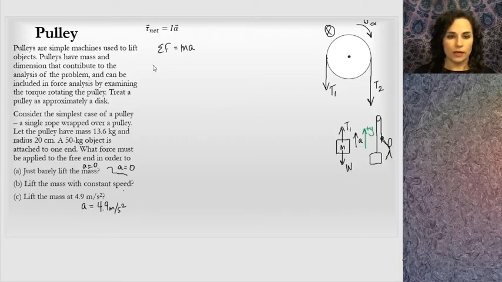So I can write that out. T1 minus the weight equals ma. And if I solve for an expression for T, and I'm relating it to my other object in here, I'm just going to solve this for T1 real quick so that I have it: ma plus mg.